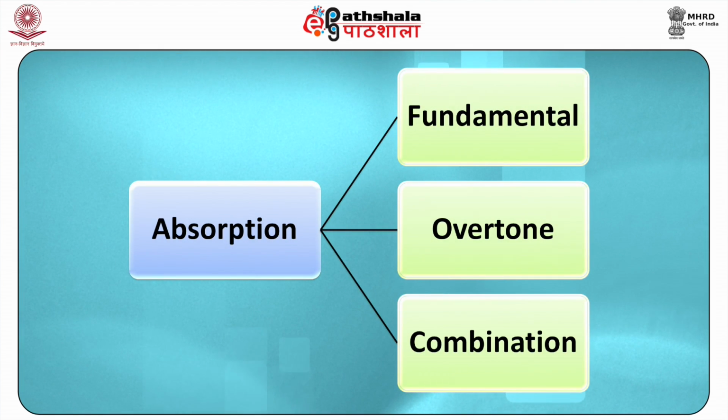Three main types of absorption occur, namely fundamental, overtone and combination. Fundamental bands are the primary absorption bands for each mode of vibration. Overtone bands occur at multiples of the fundamental band wavelength, and combination bands occur at wavelengths which are the sum or difference of two or more fundamental bands. Overtone and combination bands are usually much weaker than fundamental bands.